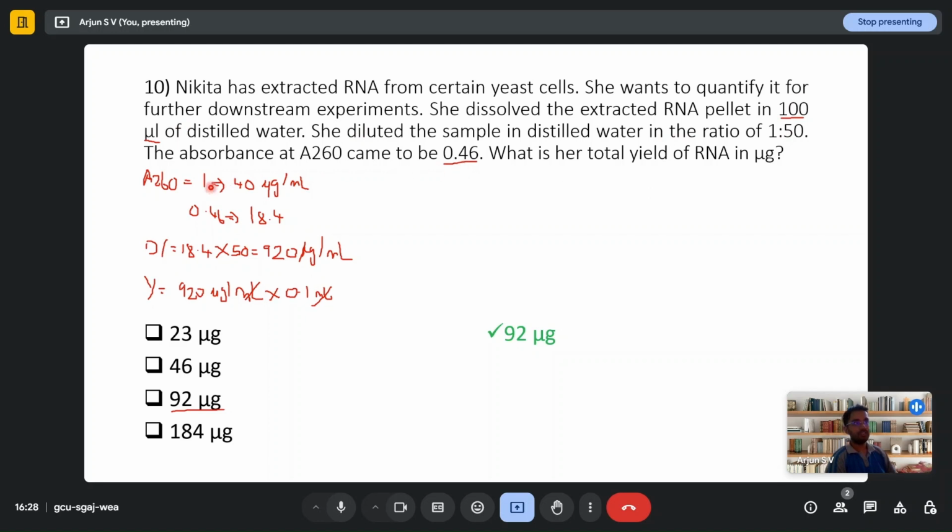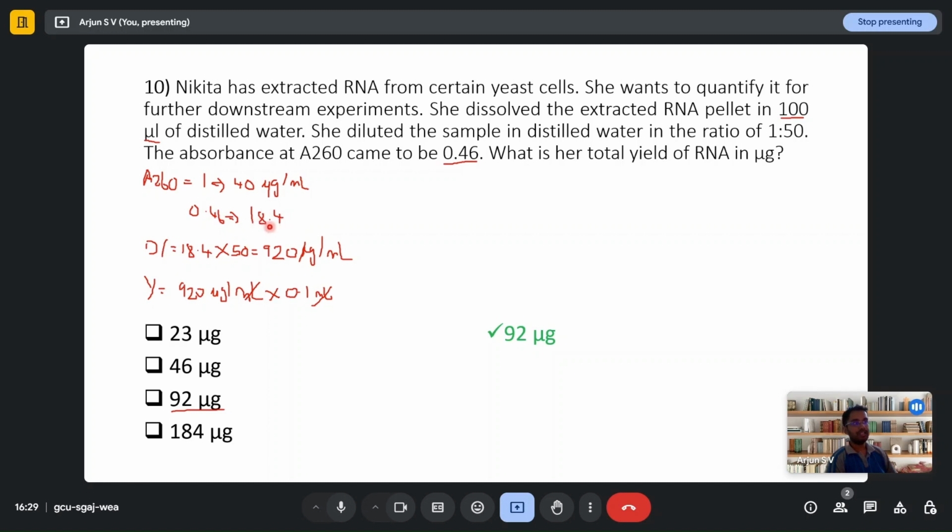And we know that 40 microgram per ml of this kind of RNA will give you an absorbance of 1. So using this we have to find out how much RNA in microgram per ml will give you absorbance of 0.46, which upon calculation is giving us 18.4 microgram per ml.